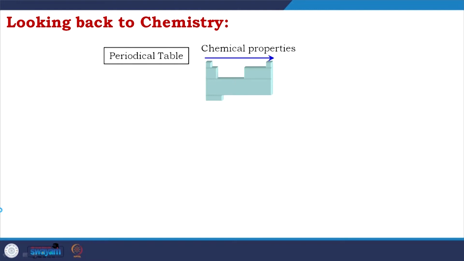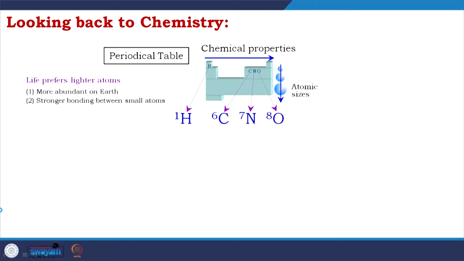In the last class I talked about the chemistry, the position of the atoms in the periodic table, the involvement of hydrogen, carbon, nitrogen, oxygen as well as sulfur and phosphorus.